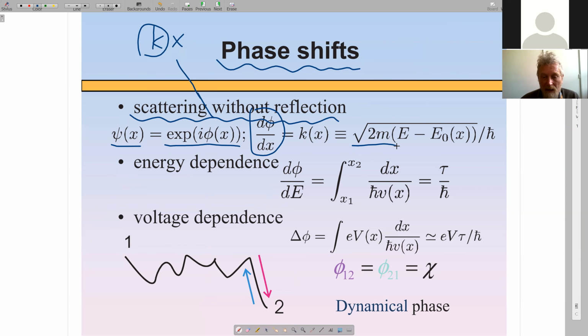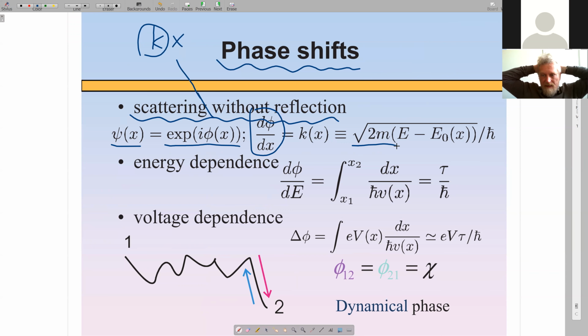Fine. What does it mean? It means that if we change potential in some region, and even if this potential does not give rise to reflection or scattering, it will modify the phase of electron flow. Good.